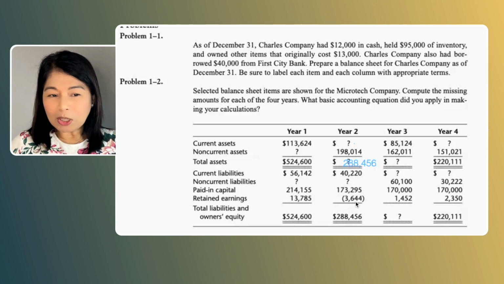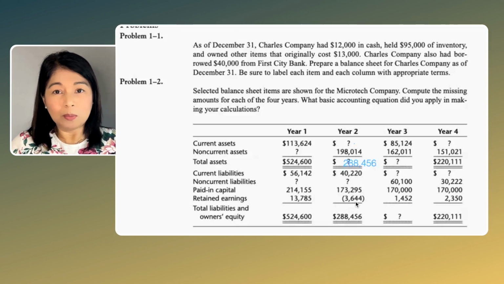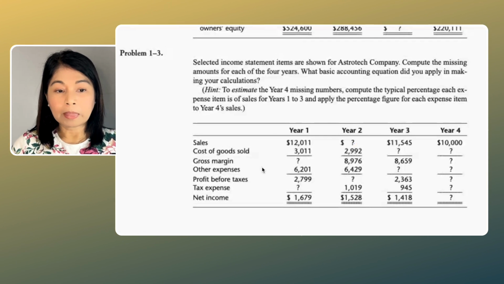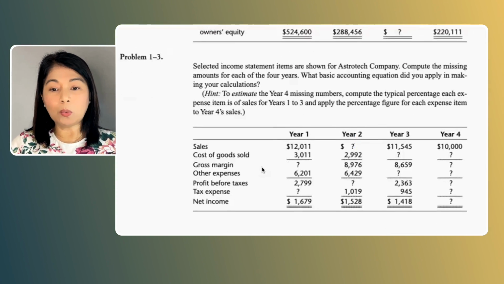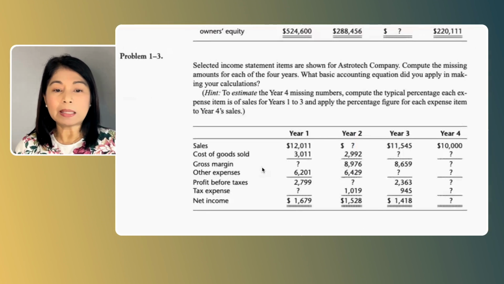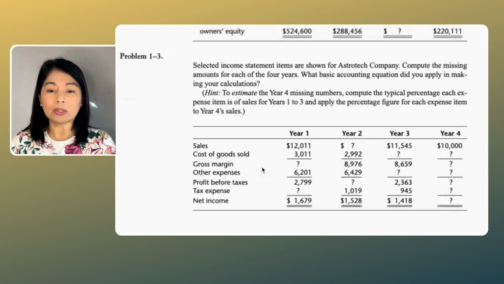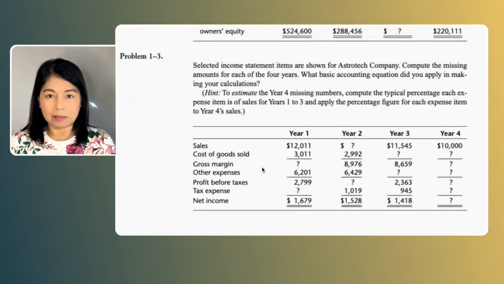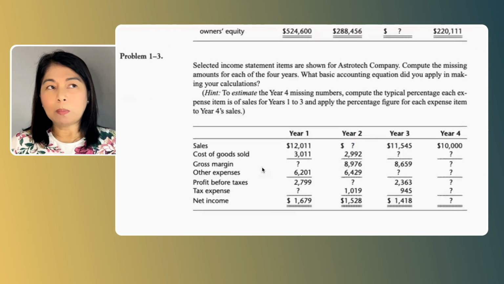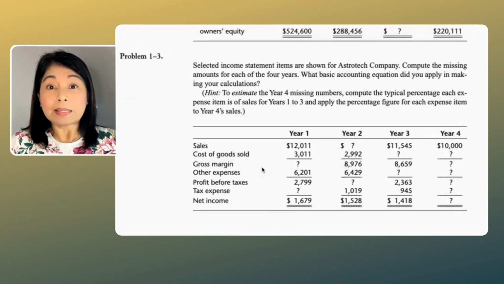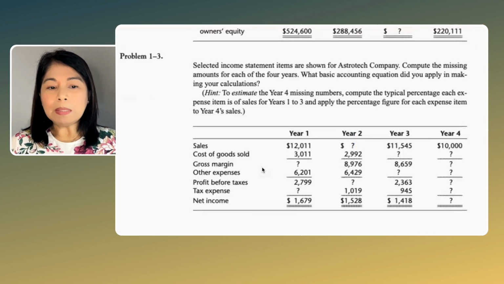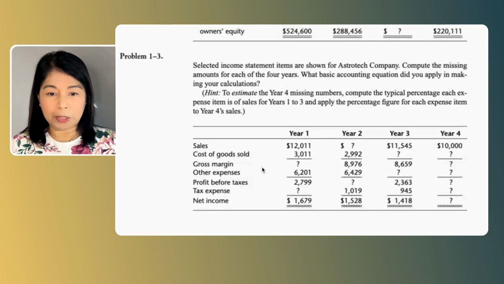So no questions with 1-1, which is not asked in the assignment, but only 1-2. So now let's go to problem 1-3. Selected income statement items are shown for Astrotech company. This is summarized already. Compute the missing amounts for each of the 4 years.